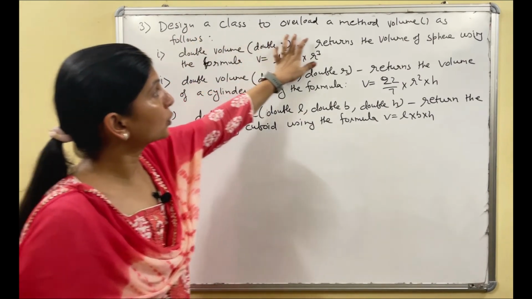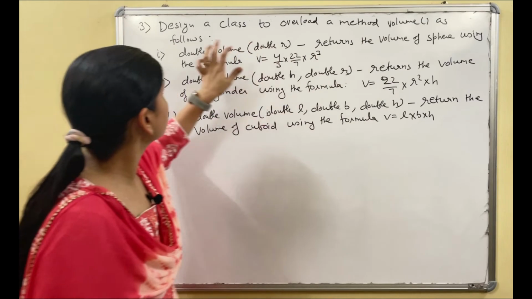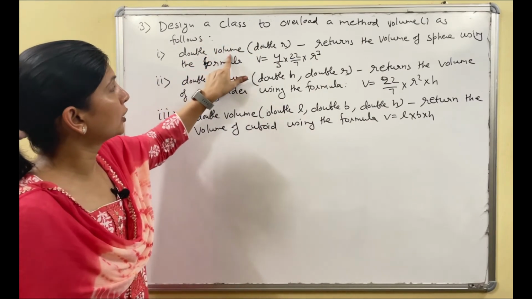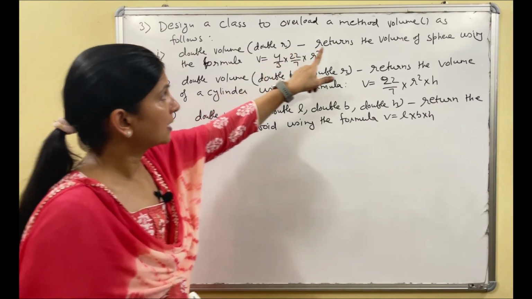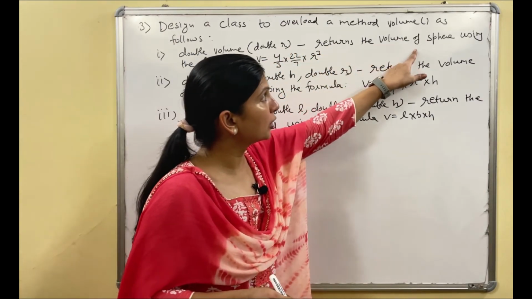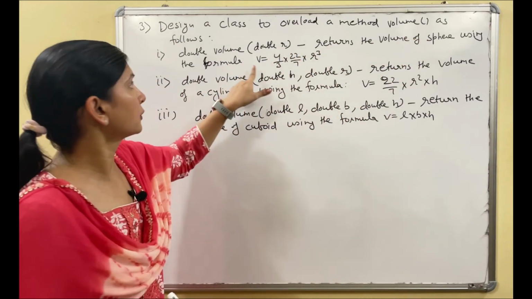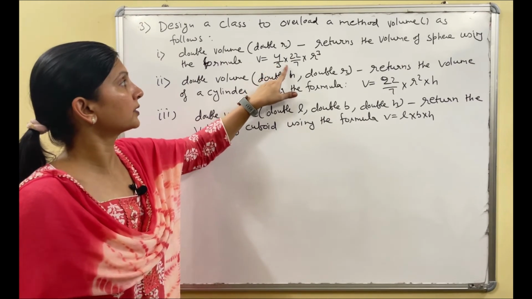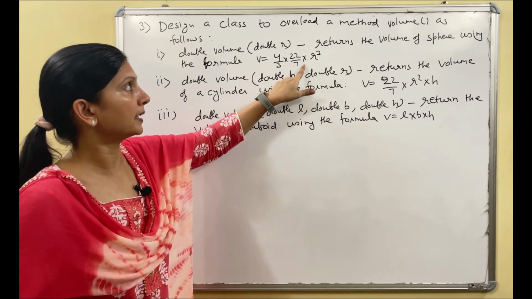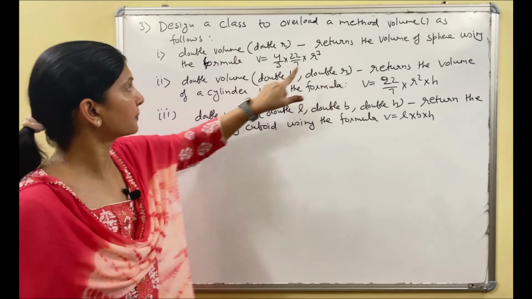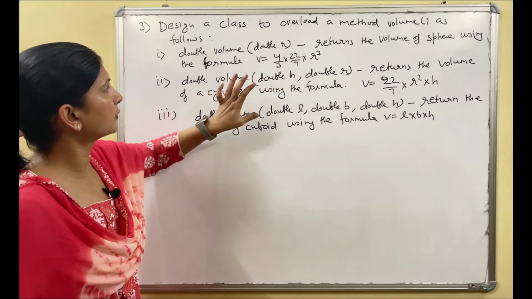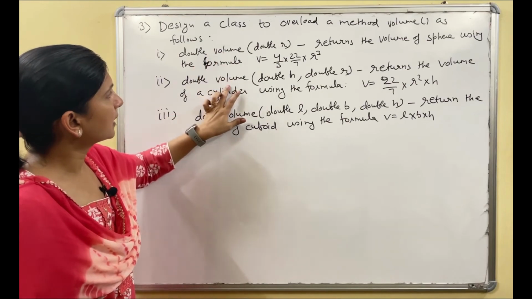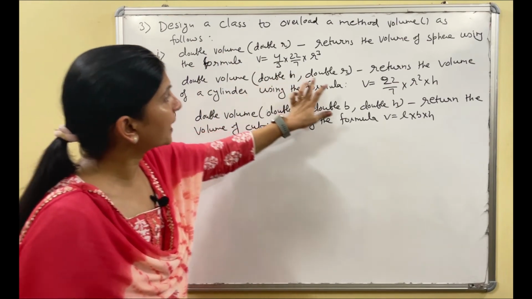Design a class to overload a method volume as follows. double volume(double r). So one parameter is passed, only the radius. And this function returns the volume of a sphere using the formula. The formula is also there, 4 by 3 into pi into r cube, right? So r is given here, so simply we will apply the formula. In the same way, another volume function is there with 2 parameters.